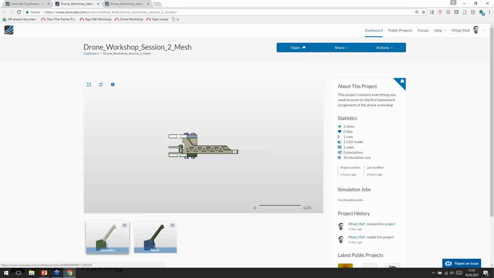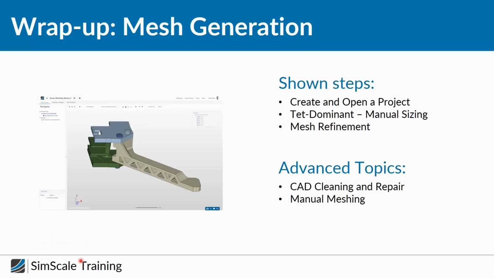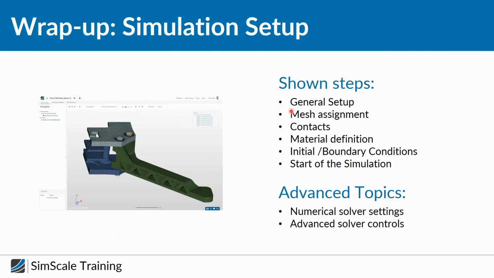Right, now I can open this project and we can take a look at the mesh which I have prepared. Great, then let's first of all take a look at what we will do next.